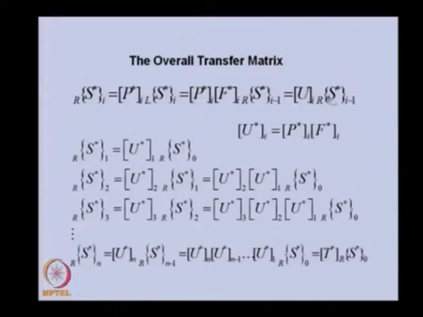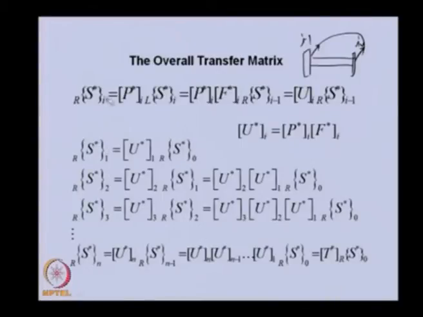This is basically transferring the state vector from, if we see from the figure, if this is the i minus 1 disk and this is the ith disk, the state vector right of the i minus 1 disk directly to the right of the ith disk.